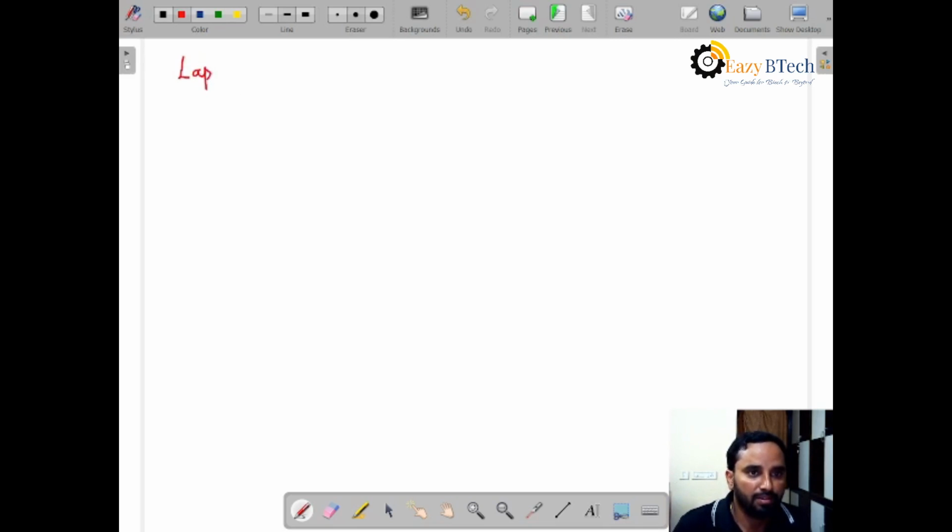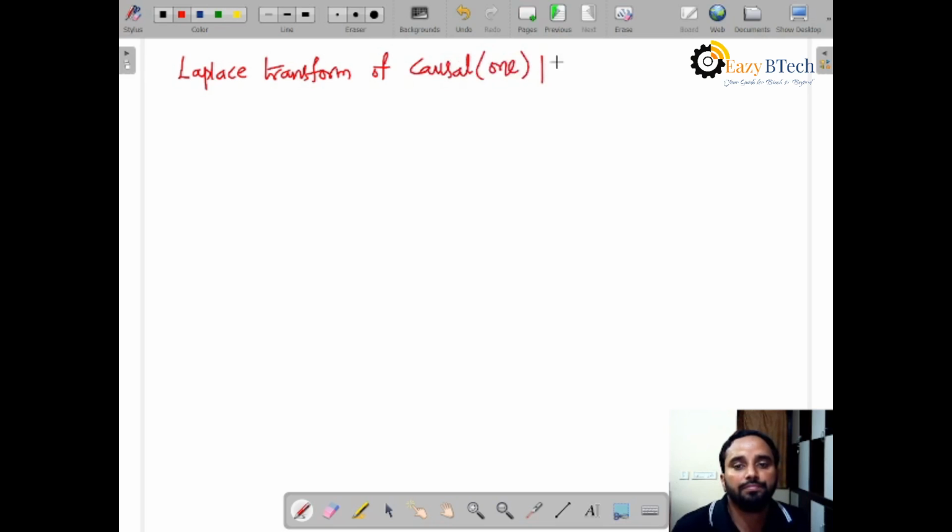The problem is on Laplace transform of a causal or one-sided periodic signal. So very important and easy. Just consider this one-sided periodic signal.